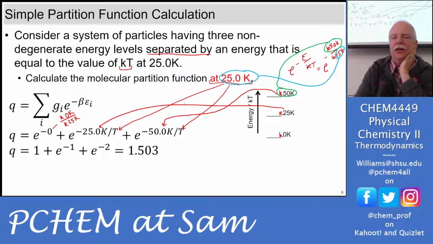Just for fun, let's go ahead and take Boltzmann's constant times 25 Kelvin. So what is this actually? So let's calculate that. So 1.38 times 10 to the minus 23 joules per Kelvin times 25 Kelvin.